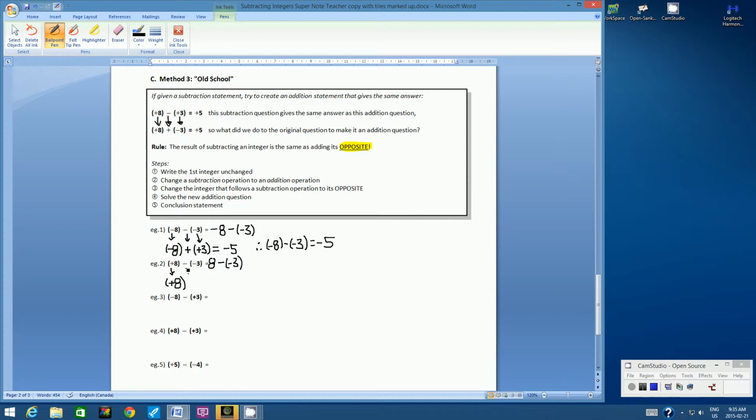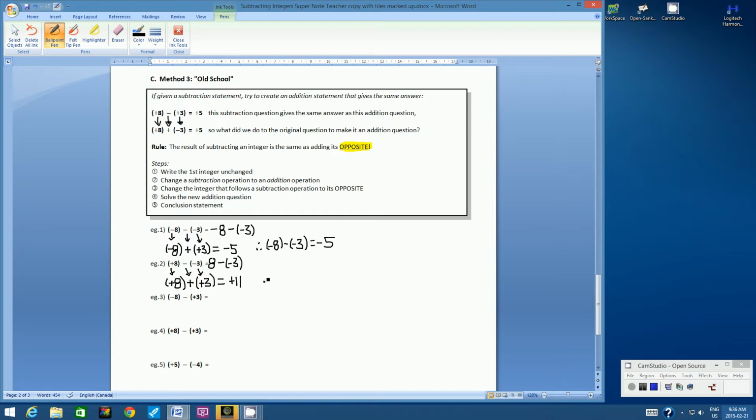Step 2, change the subtraction to an addition operation. Step 3, change the integer that follows a subtraction to its opposite. Well, the opposite of negative 3 is positive 3. Then we're left with an addition statement. Solve the new addition statement. Positive 8 plus positive 3, 8 positive tiles added to 3 positive tiles, equals positive 11.